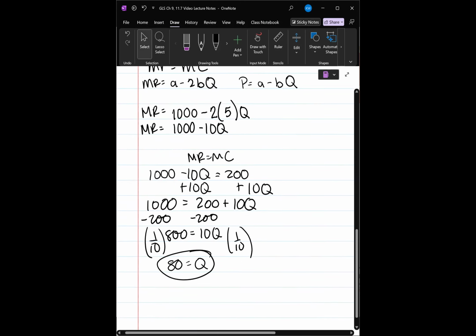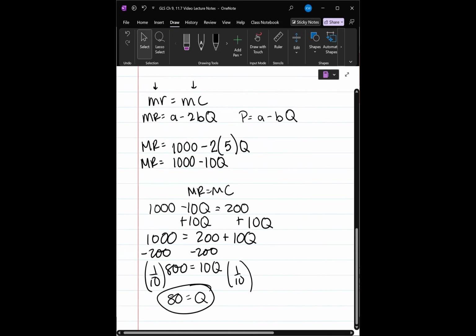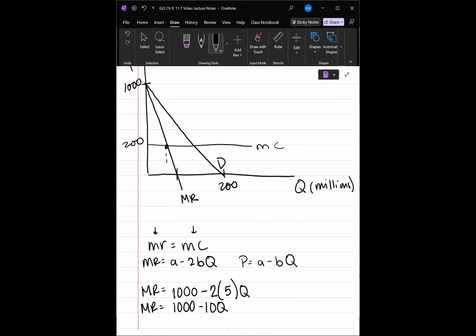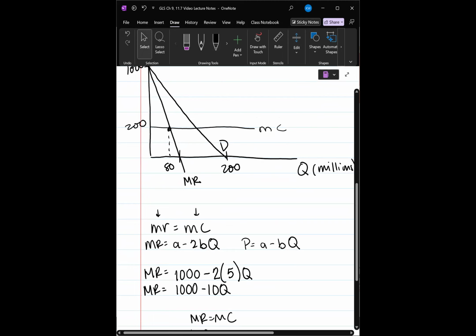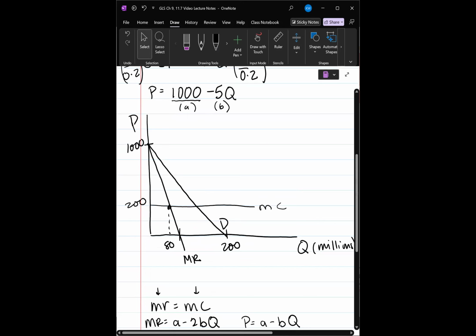And one thing I forgot to mention here, just like in the graphs, we're going to have quantity measured in millions. All right. So we know that that point where marginal revenue equals marginal cost is going to be 80 million. And if we were to solve for quantity when marginal revenue is 0, we would find that marginal revenue intersects quantity at 100.